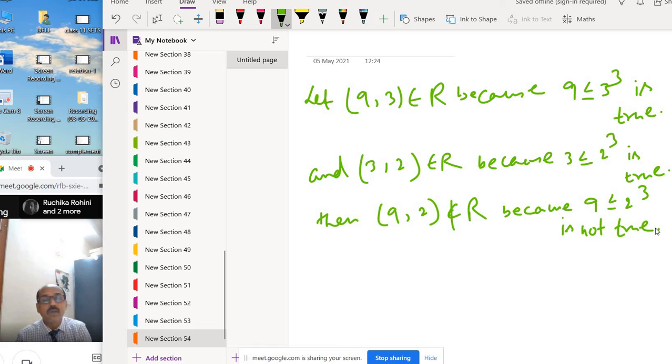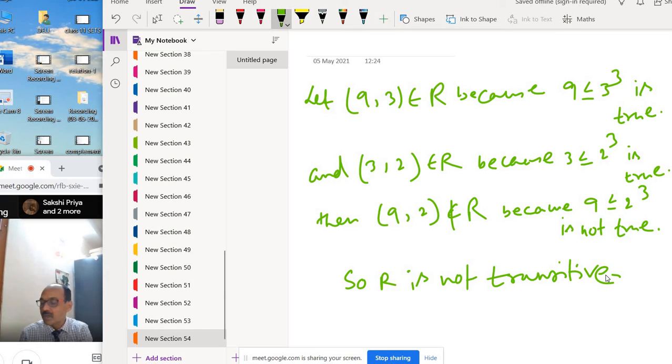So this condition is also not satisfied. So R is not transitive. So R is not reflexive, R is not symmetric, and R is not transitive. That means R is not an equivalence relation.